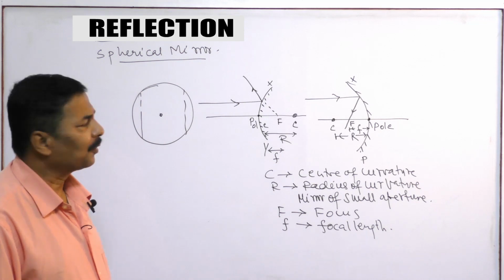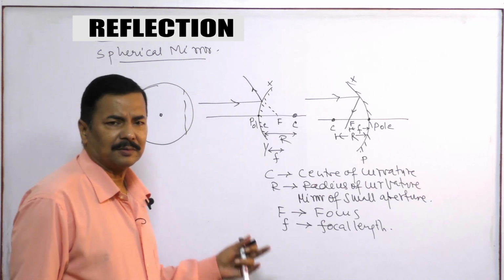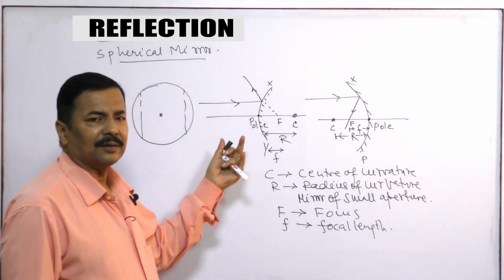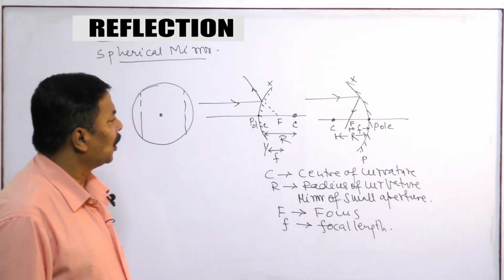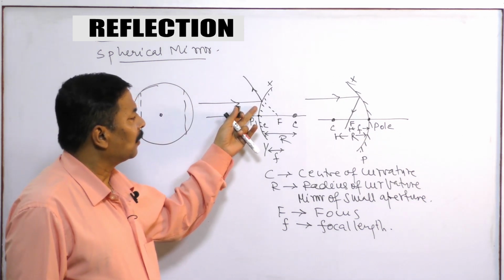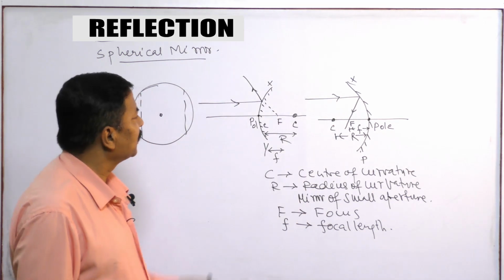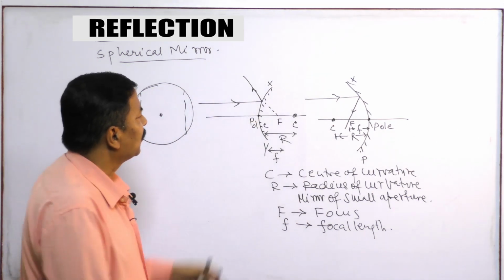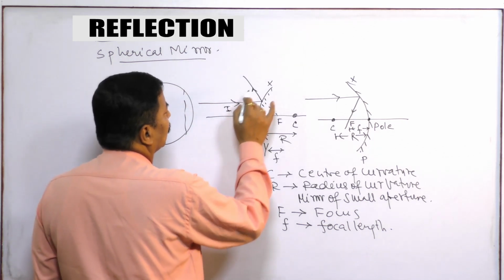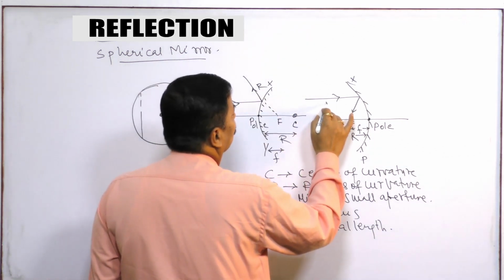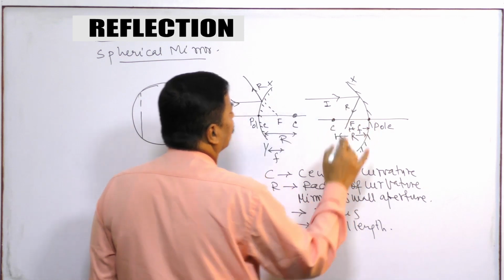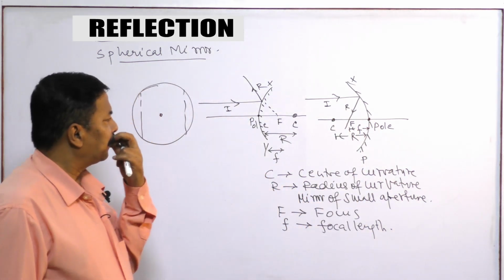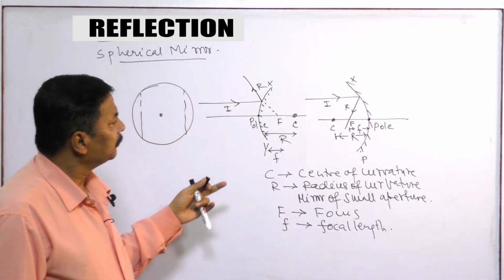These things you already know from your junior classes. There is no such magical thing in this. So this is your convex mirror, this is your concave mirror, this is the ray parallel to principal axis. This is incident ray, this is reflected ray, this is incident ray, this is reflected ray. Then it passes through the focus.